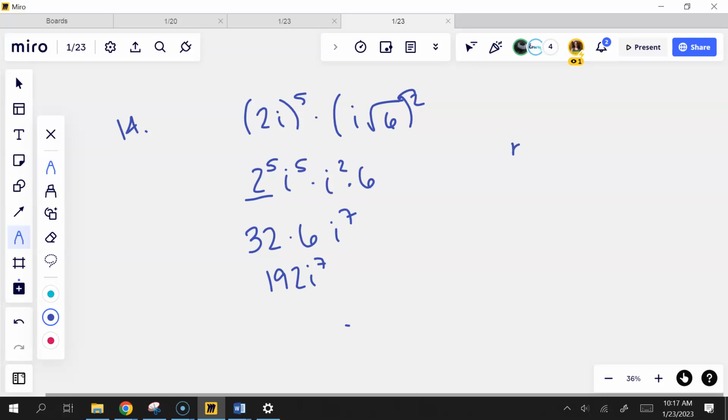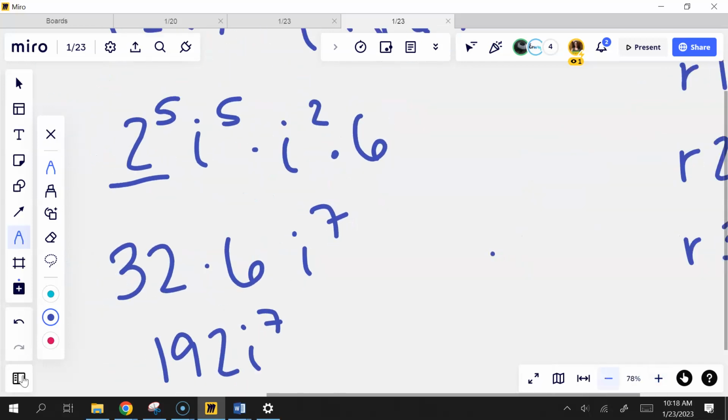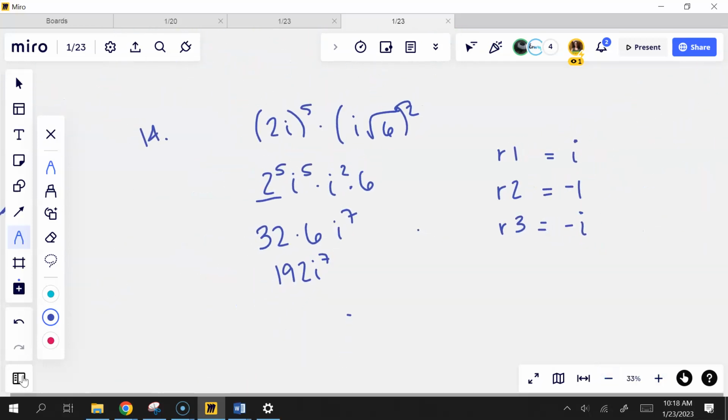So if it's a remainder of 1, that's i, right? Remainder of 2, -1. Remainder of 3, -i. And remainder of 4, 1. So i to the 7th, 4 goes into 7 one time, and what's the remainder when you divide it by 4?